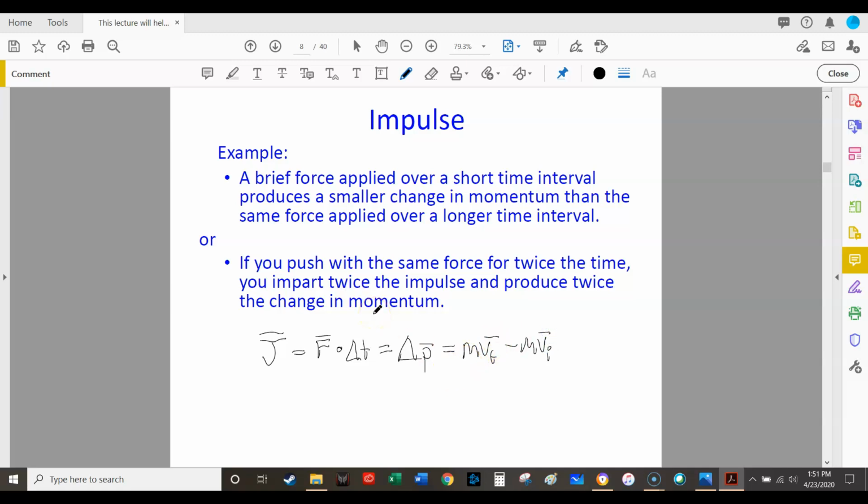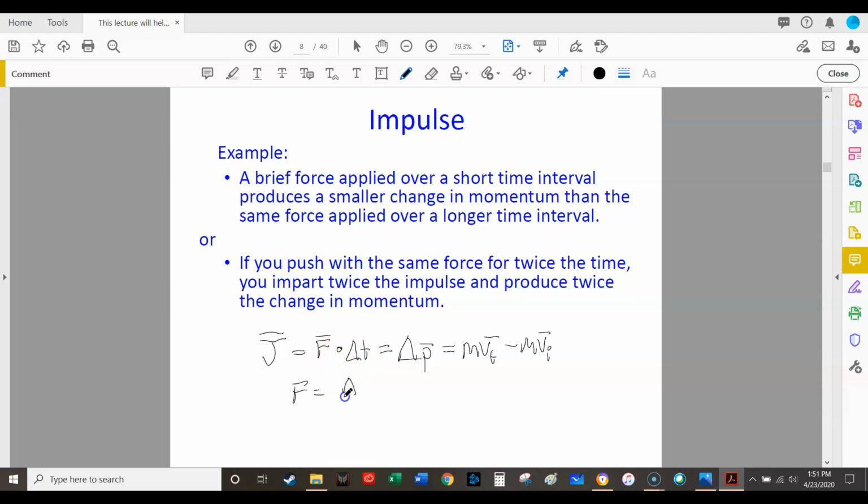So the consequences of impulse are this: if you apply a force, let's talk about what the consequences are, okay? If you have force, notice that force times time is equal to change in momentum.